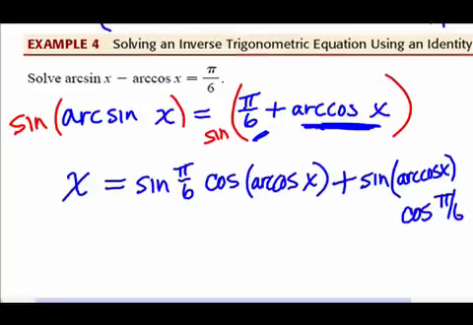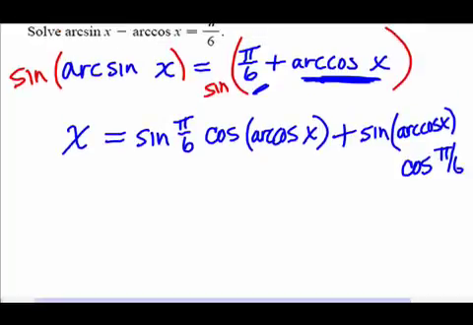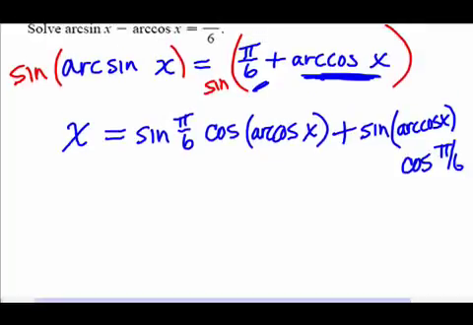Did I lose anybody? See how we're using the sine of a sum identity? All of these are going to knock out and be easy to follow except for the one that we need to worry about. That's what the rest of the piece of paper is for, to worry about the one we don't know how to do. So let's clean this up a little bit.